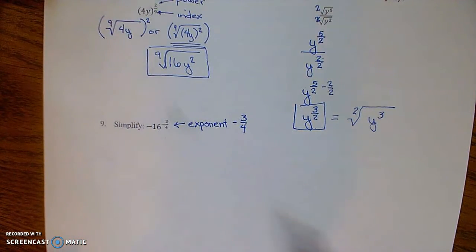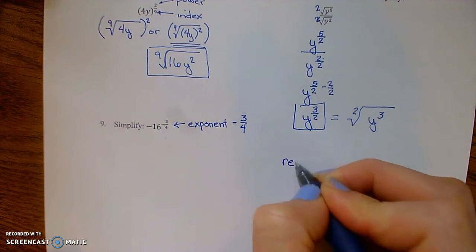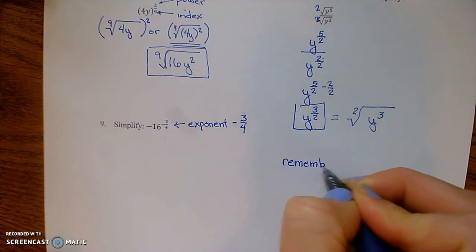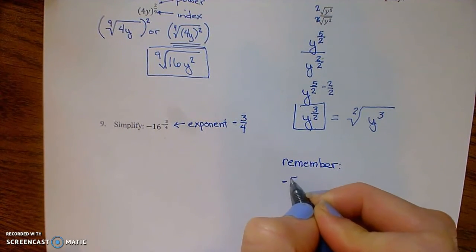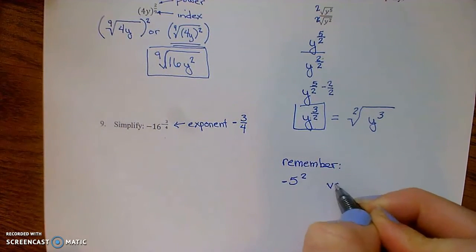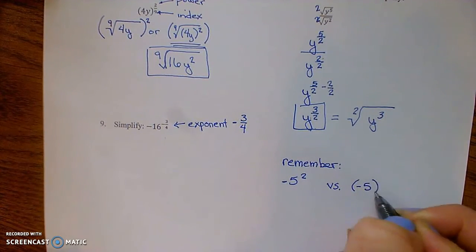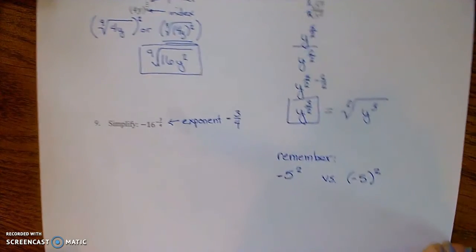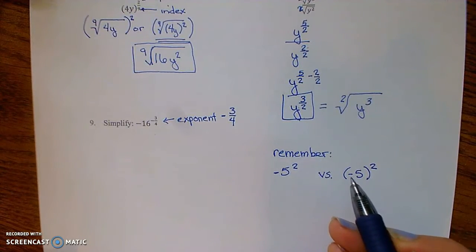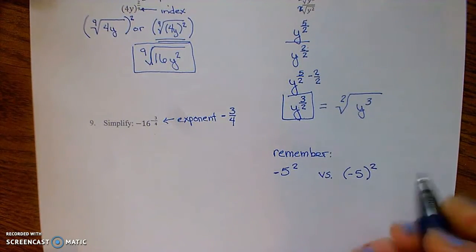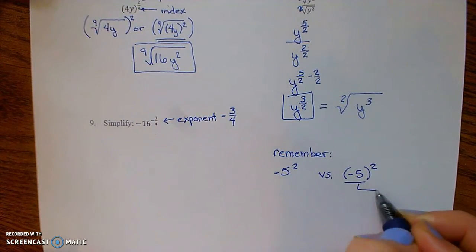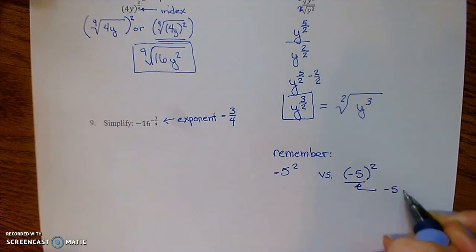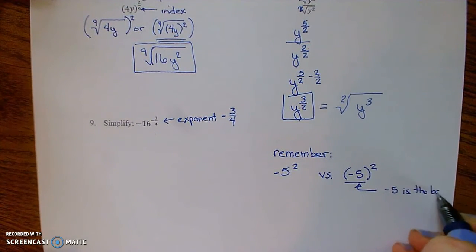Here's where we need to remember, if you have, say, -5 squared versus -5 quantity squared. Okay, -5 quantity in parentheses squared clearly means that the whole -5 is the base.